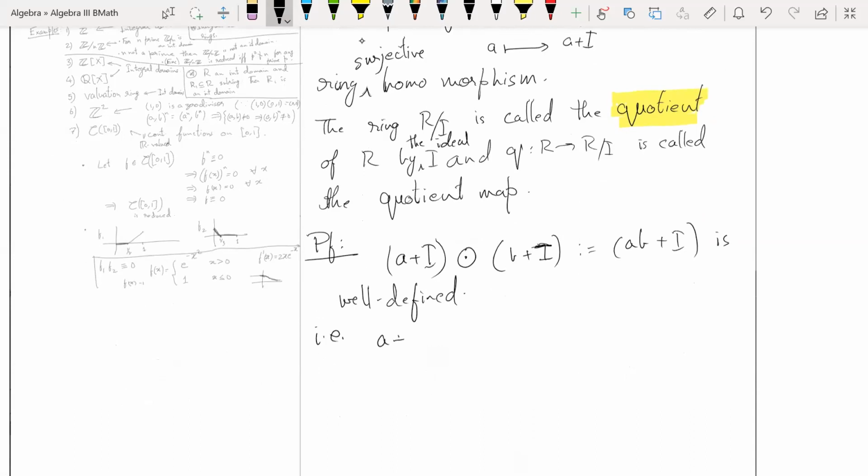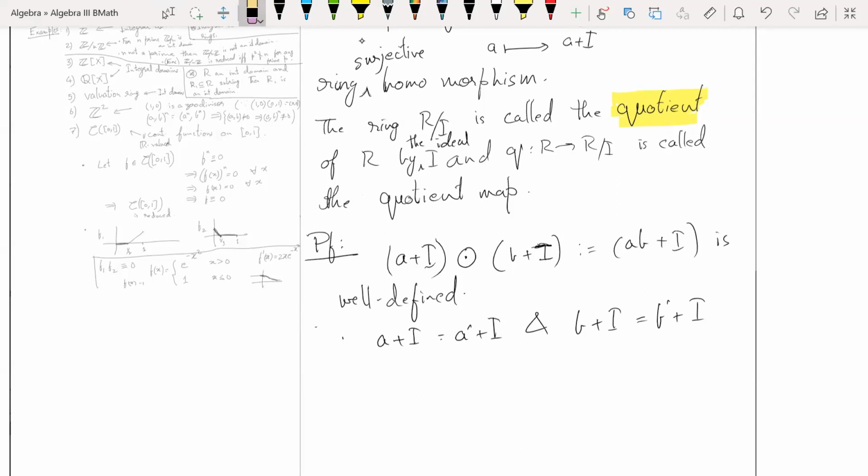Let's say A plus I equals A prime plus I, and B plus I equals B prime plus I. Then we want to show that AB plus I is the same as A prime B prime plus I. That will prove that this is well defined.